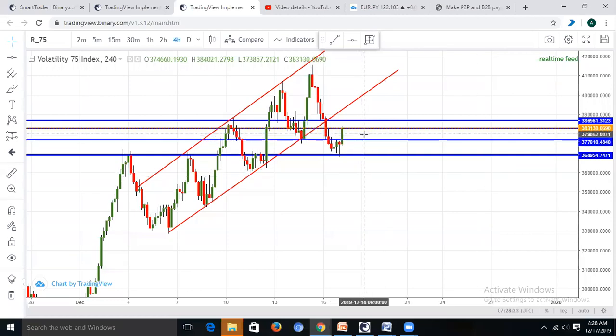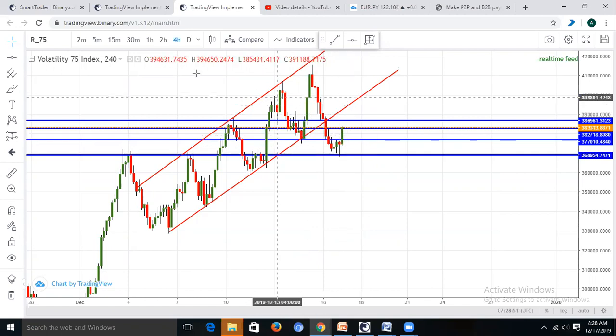So we expect this thing to start coming down. It may touch this trend line before coming down, because I'm not saying this market is an uptrend anymore.